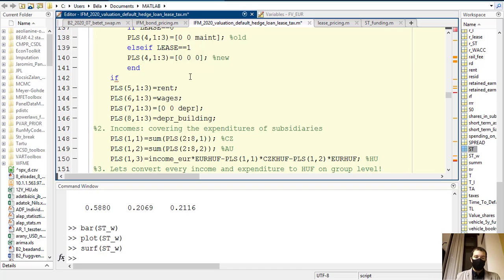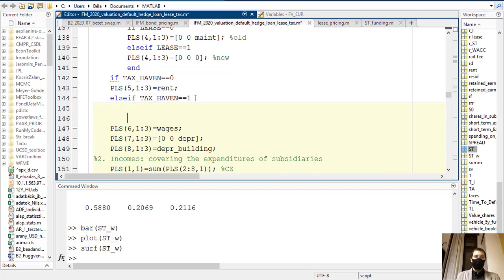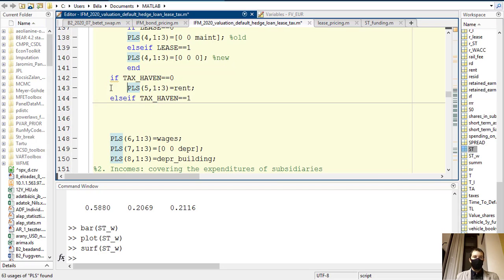So if the tax haven switch equals 0, then we just rent, and if the tax haven switch equals 1, then we will put some money into the bank deposit. I think it will be easier to calculate with forint.